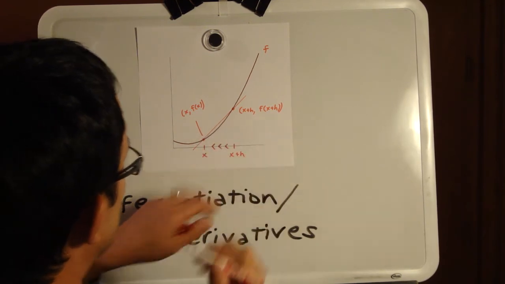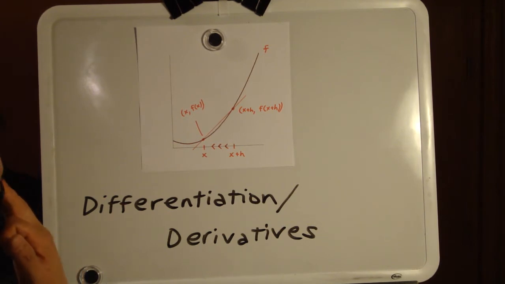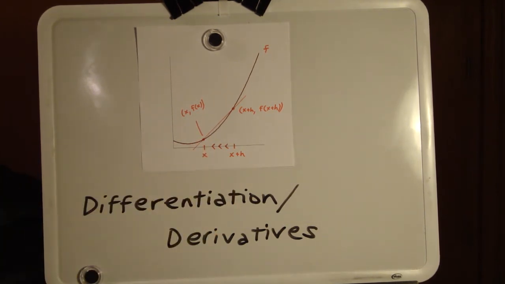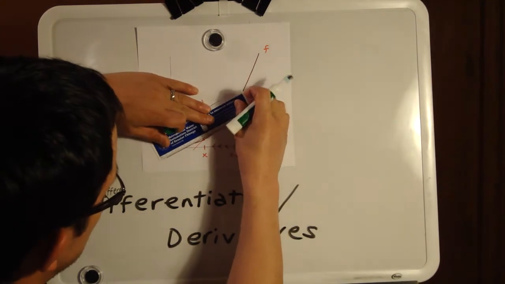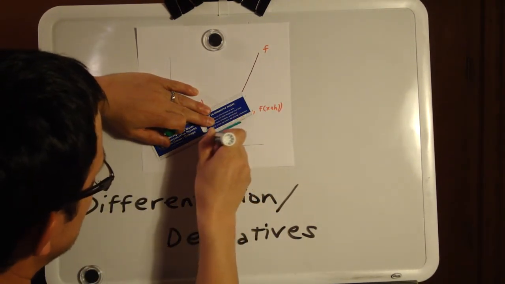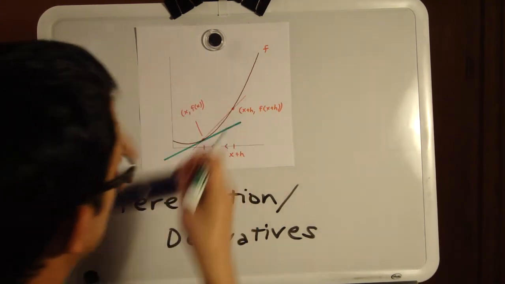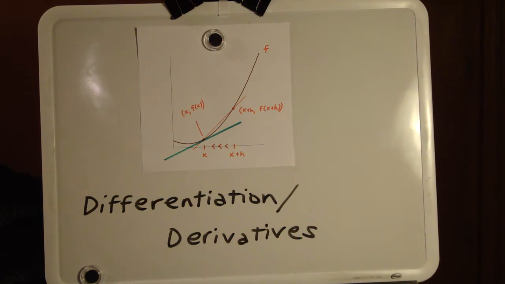What you'll end up with is a sequence of secant lines, and each one will get closer and closer to approximating the slope of the tangent line. I'm going to put that one right in there. When h goes to 0, you're going to have a single line just kissing the graph at this one point, and I'll put that in green again. So this again is the slope of the tangent line.